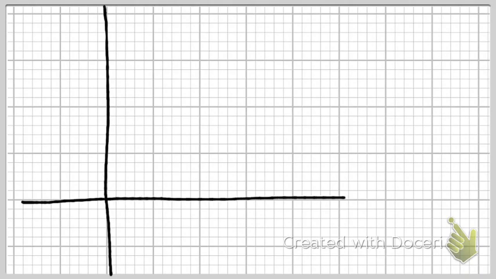Our suitable domain, well, we can't plant a negative number of seeds. We also can't let the output of our bushels of barley be negative. So our domain is going to go from 0 to 24. I'm going to let these go by 5s here so we can go all the way up to 24.